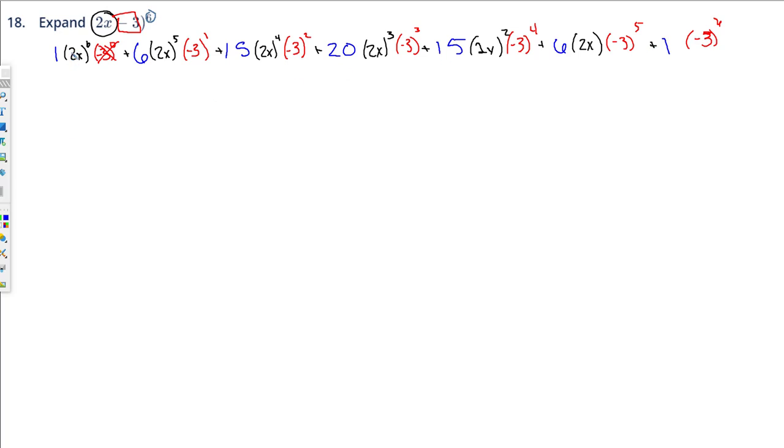What is 2 to the 6th power? 64. 6 times 2 to the 5th power, 2 to the 5th power is 32.